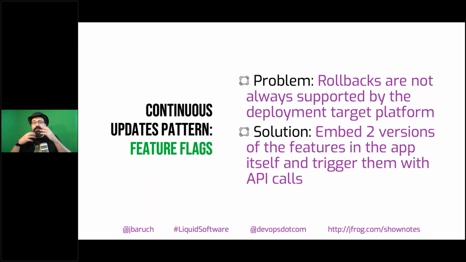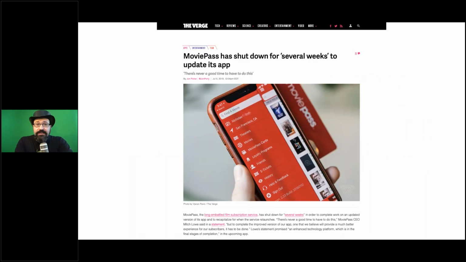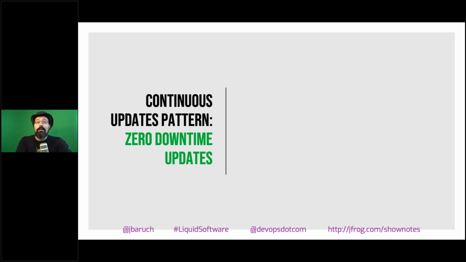My favorite example, one of the most important ones, is MoviePass. MoviePass is a cinema subscription system where you pay once every month, and then you can go to as many movies as you like. That sounds like a good idea. And those folks needed to update their software for at least 5 weeks.